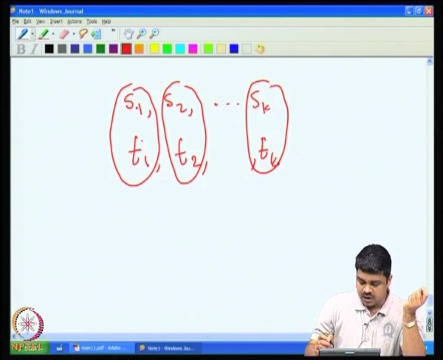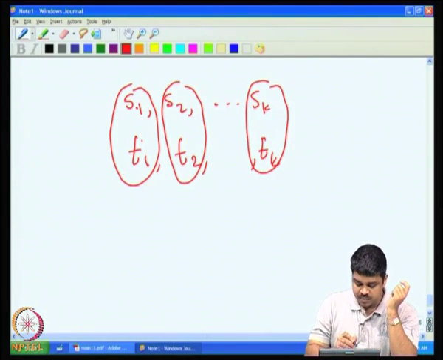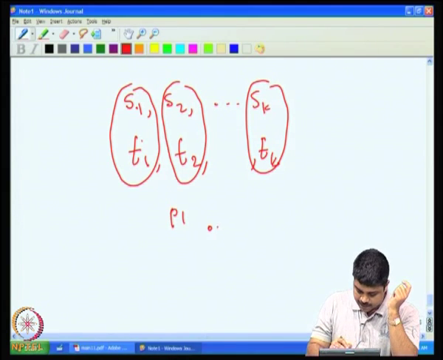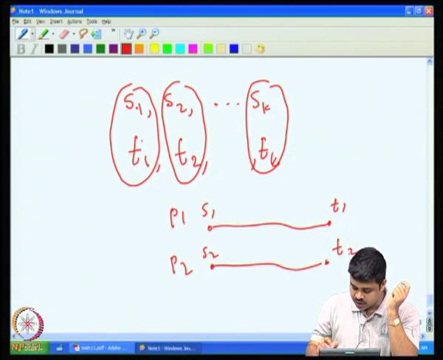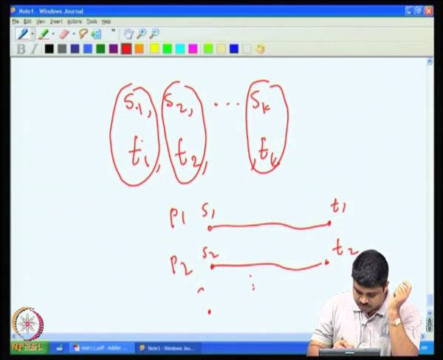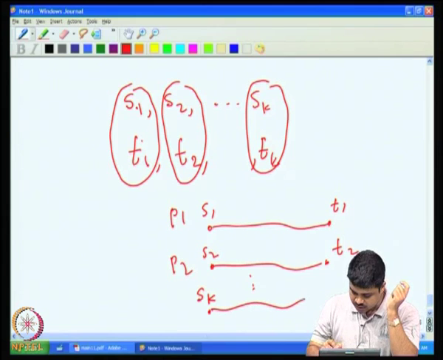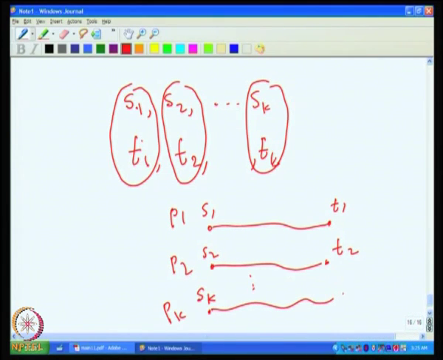We should be able to find a path P1 between S1 and T1, a path P2 between S2 and T2, and a path Pk between Sk and Tk. These paths should be disjoint; they should not share any vertices, even the endpoints.